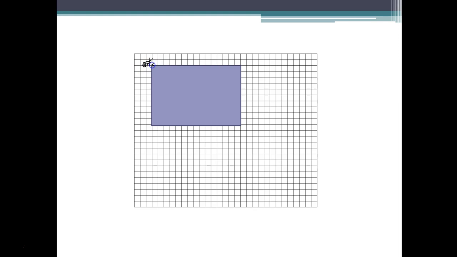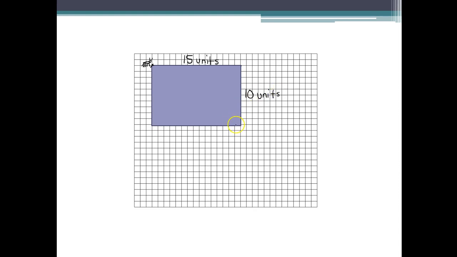Let's say he's going to start right here and walk around. Well, if he walks along this edge, he's going to walk 1, 2, 3, 4, 5, 6, 7, 8, 9, 10, 11, 12, 13, 14, 15 units. And then he gets to here and he turns and walks 1, 2, 3, 4, 5, 6, 7, 8, 9, 10 units.